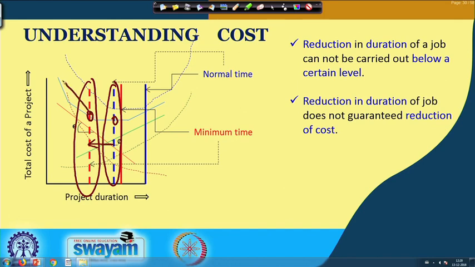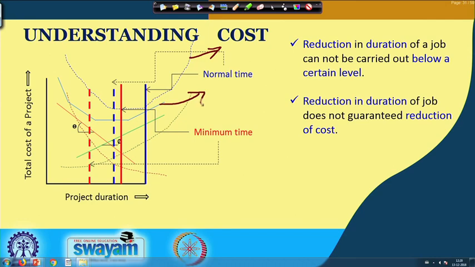That means there is an increase in the total cost. So, this increase or decrease in the total cost is brought about by crashing or expediting the job. Basically, the reduction or increase in the direct cost or indirect cost is not important. The reduction in the total cost is what is important for these cases.